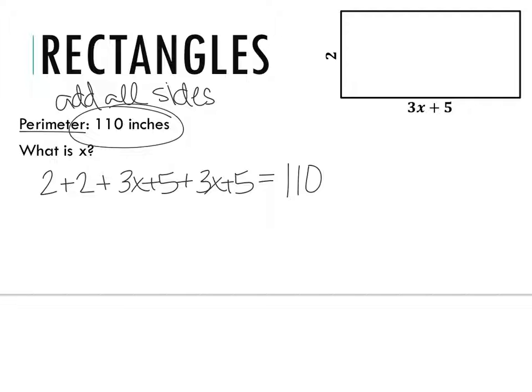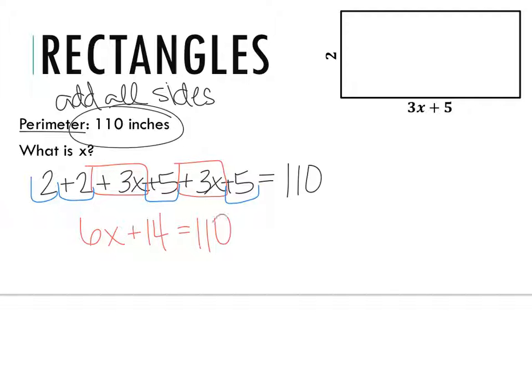So I'm going to do the same thing we did before. We're going to simplify down one side for the expression. So I have my x's are like terms, and the 2's and the 5's, all your constants are like terms. So that gave me 6x plus 14 equals 110. And then this is your normal 2-step problem.